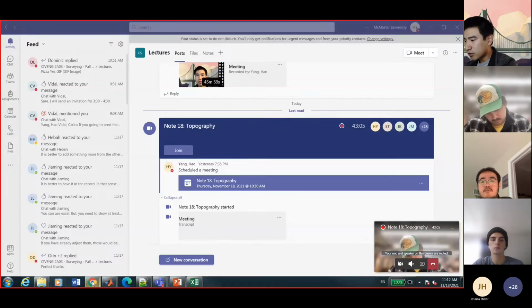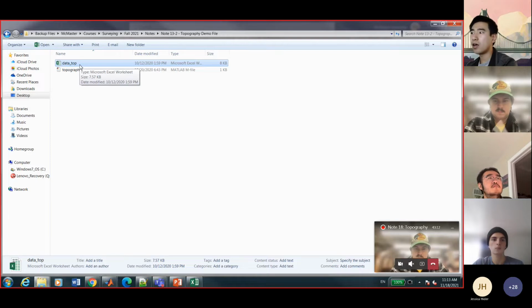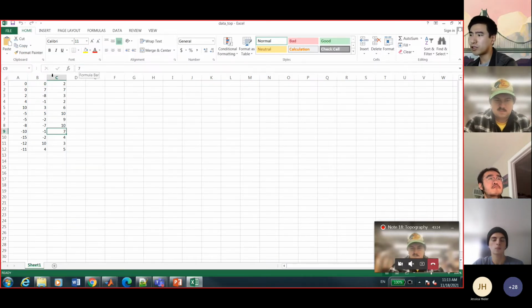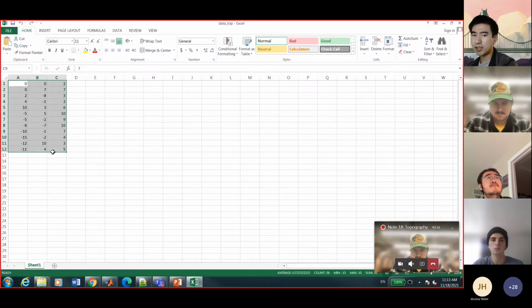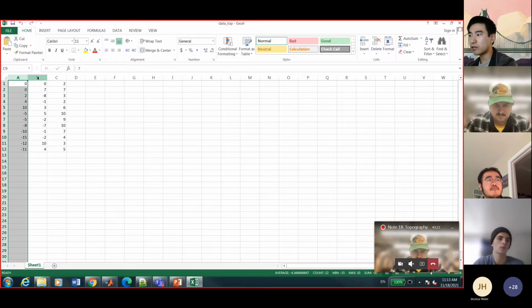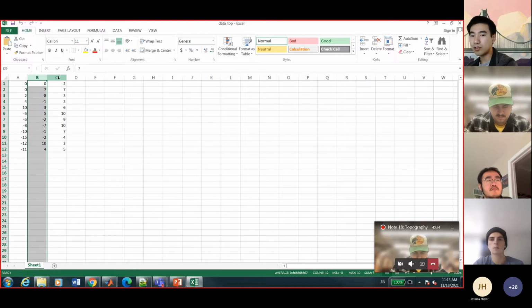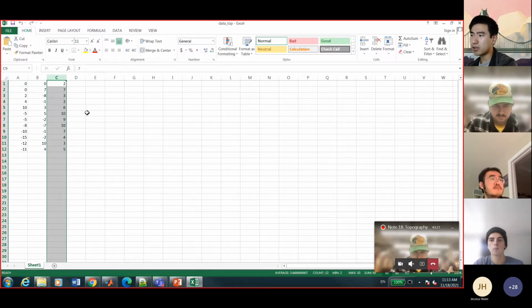Okay. So you have received two files. One is the data file, which shows the data that you measured. Column A is the X location, column B is the Y location, and column C is the elevation.